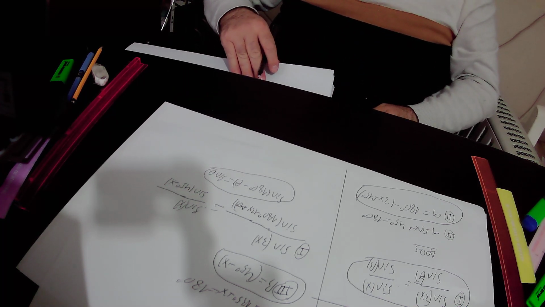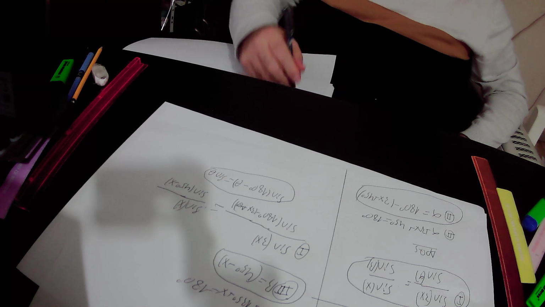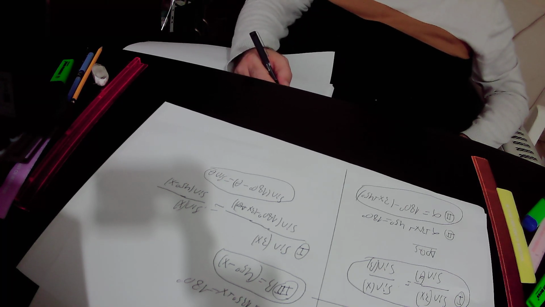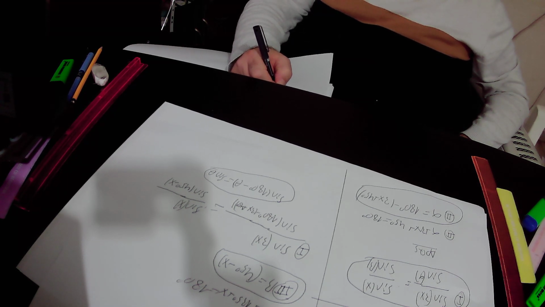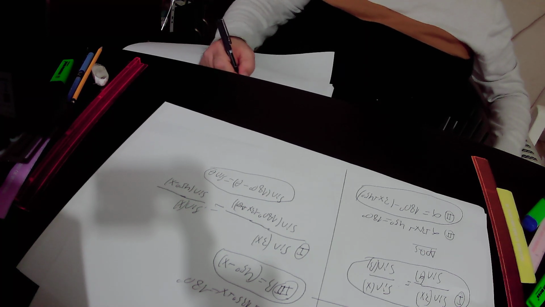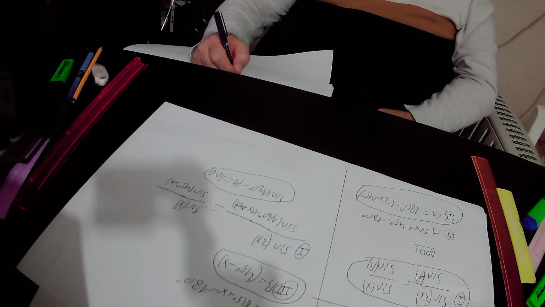We will get that according to equation number 1, sinus 3x over sine 45 degrees plus 3x equals sine x over sine 45 degrees minus x.